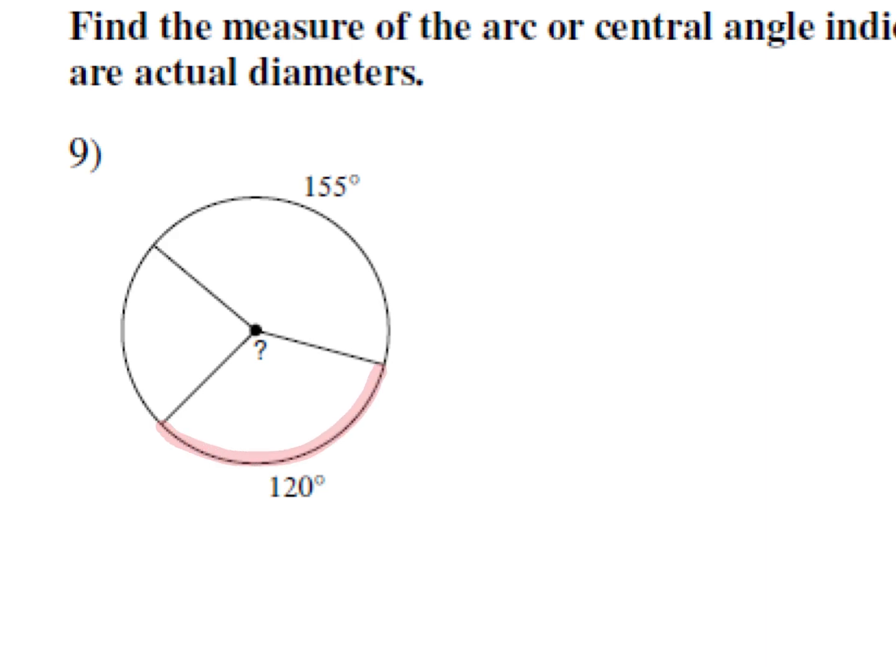That the size of the arc is going to be equal with its central angle. Therefore, the size of the central angle in here is going to be the same with the arc, which is 120 degrees. So in this case, just like this one, the arc size is 155, therefore the central angle that has been created is also 155 degrees.